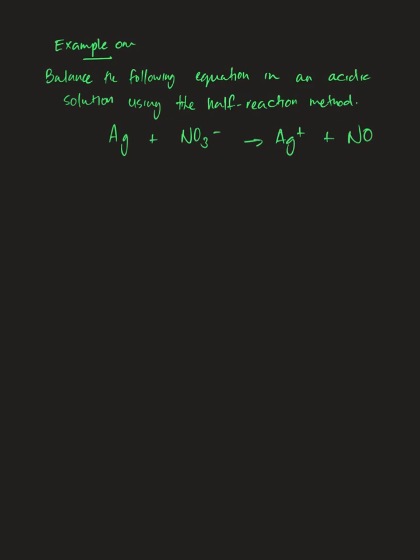All right, so we know that balancing a redox equation is very different from balancing a normal equation. When we do these types of questions, we must balance the atoms, and we must also balance the charges.